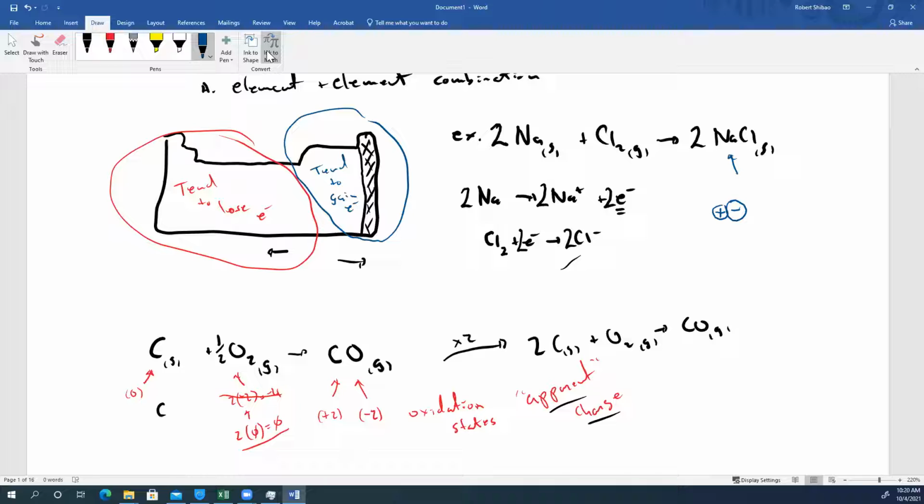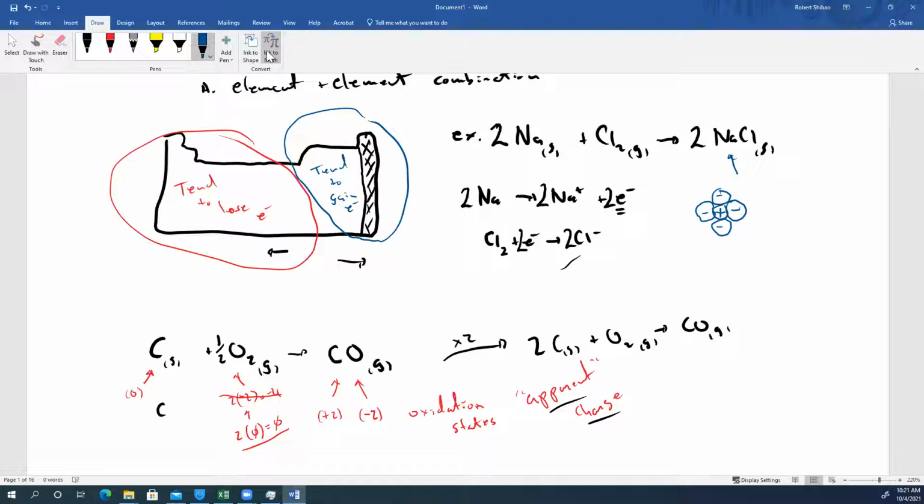But if you're a positive ball, you want to surround yourself by as many negative balls as possible. So how many negative balls can go around this one positive ball? Well, in sodium chloride, we could put 4 negative ones in the plane, then 1 on top here, and then 1 coming up from underneath. So if you're positive, you want to surround yourself with as much negative as possible. And in this case, the coordination is 6.